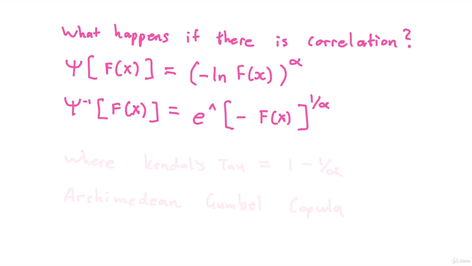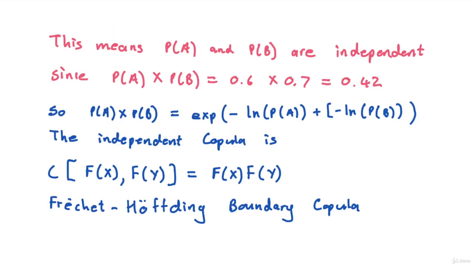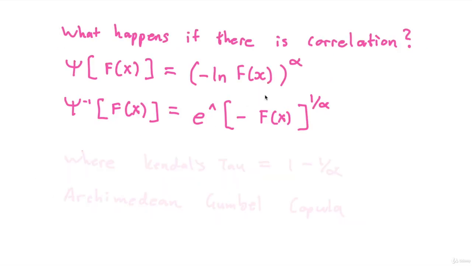Just to bring it back, with the independent one we just had the ln and the exponential. What we're doing now is introducing correlation with this parameter of alpha. It is linked to correlation in the sense that Kendall's tau, which is one of the rank measures for correlation, is equal to 1 minus 1 divided by alpha.